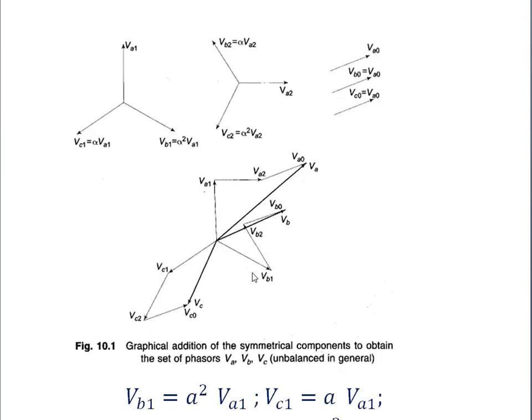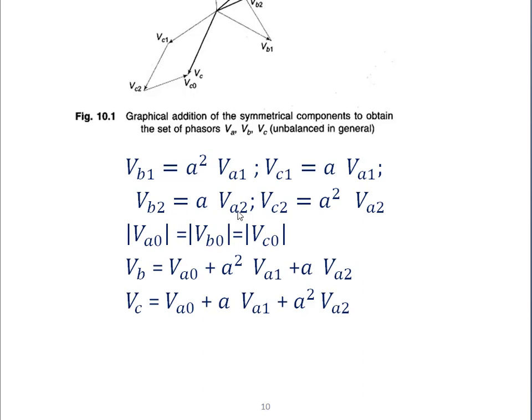Similarly, to express VC2 in terms of the reference vector, it has to move here, then it has to move here. Means this is A and this is another A, means A into A square, that is A square VA2. That is what we have written here. You can see VB2 is written in terms of VA, that is A into VA2. Similarly, VC2 is expressed as A square VA2.